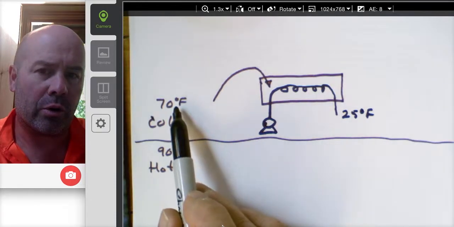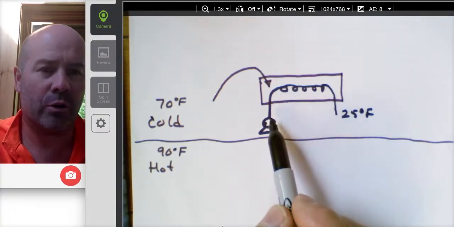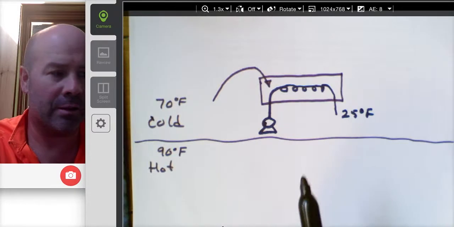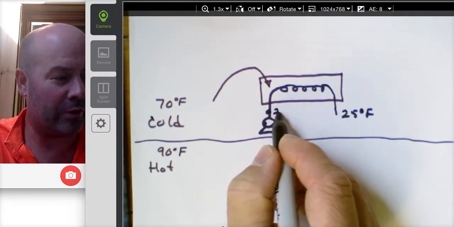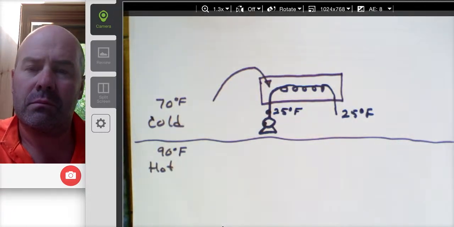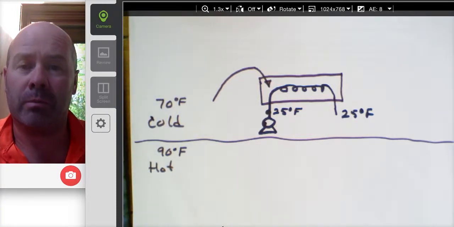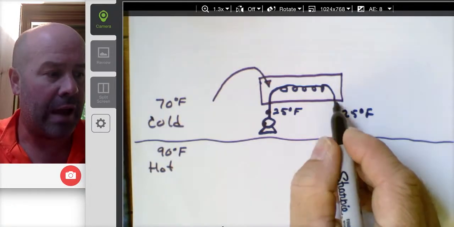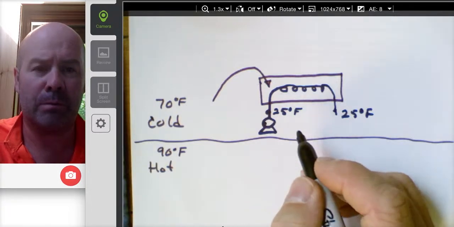So if your room is 70 degrees and the fluid in here is 25 degrees, energy is going to come into the fluid, heat is going to come in. So it comes in at 25, it actually goes out at 25. Now how can that be? Oh, good answer. It's because it's going through the vapor dome. So we can have fluid at 25 degrees in the vapor dome, have a bunch of heat go into it, and have it move across the vapor dome.